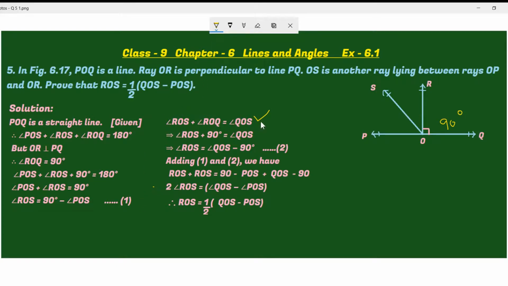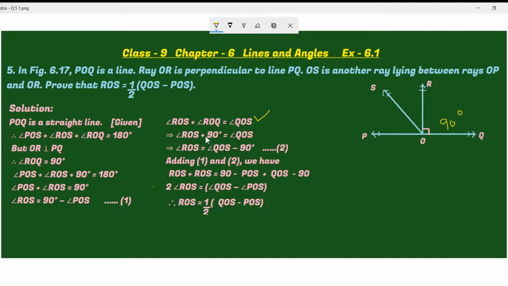For the next equation, we have to use this equation, which is ROS plus ROQ is equal to this whole angle QOS. Here also we know ROQ is 90 degrees because OR is perpendicular to OQ.